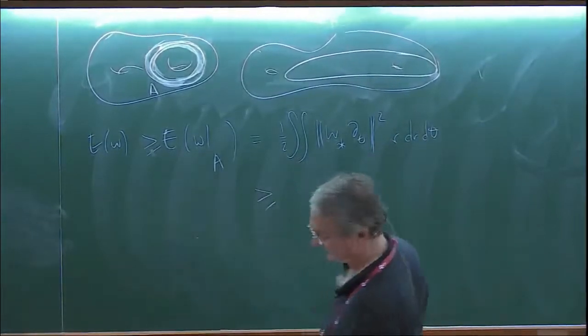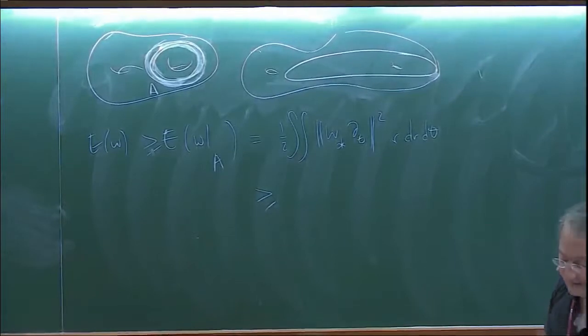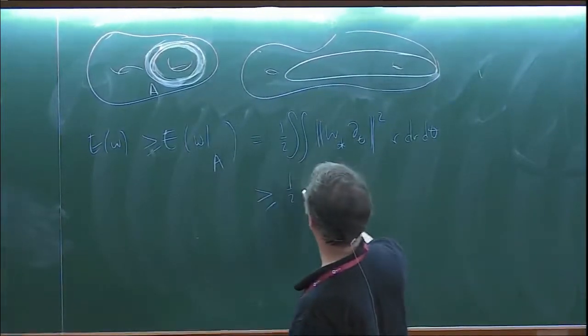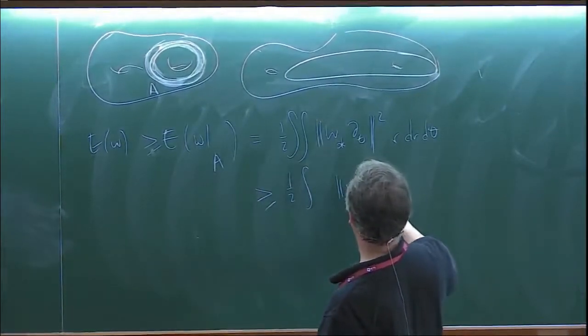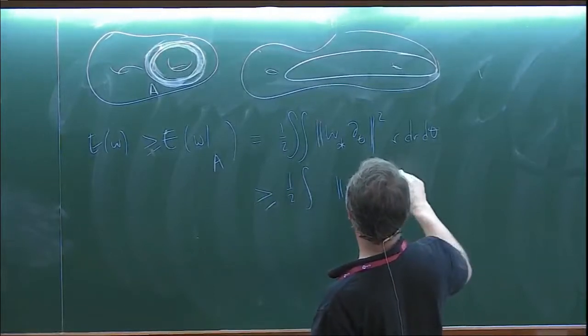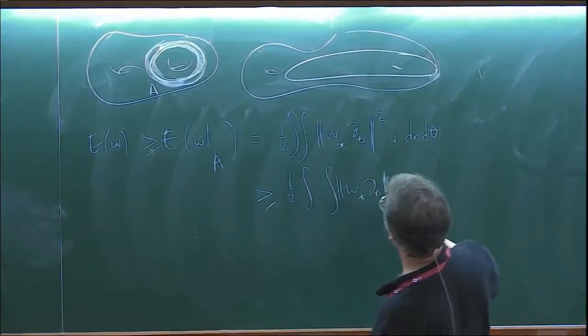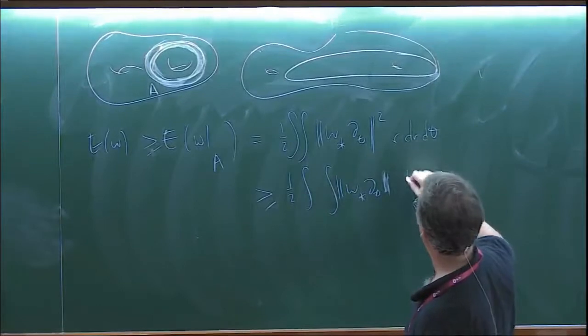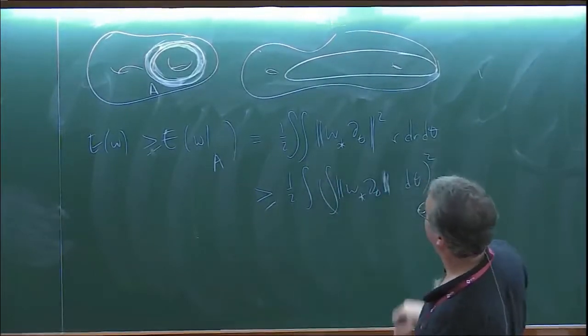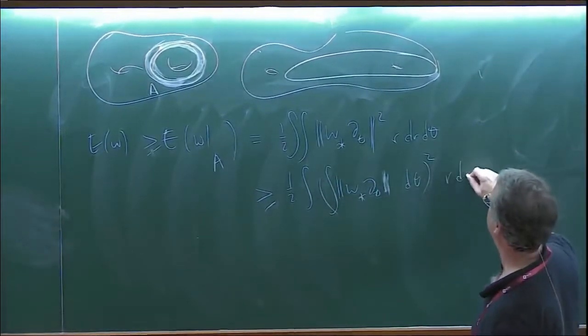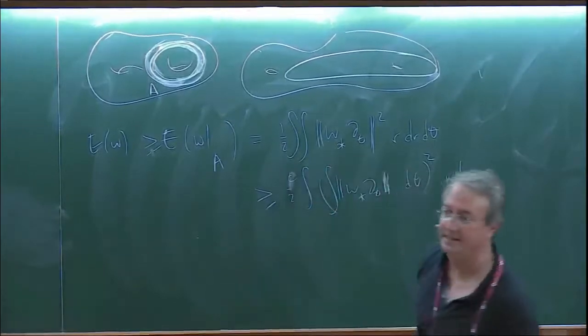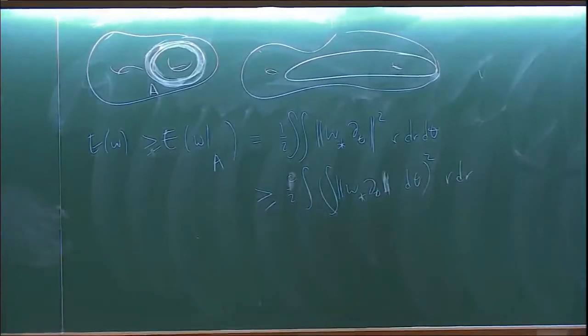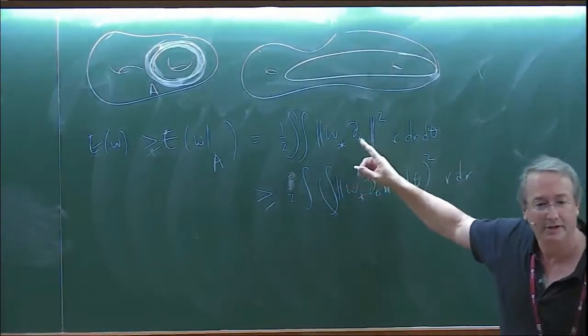And so, but that's going to be at least W star d theta, d theta squared. I'm sure I've now dropped a constant. I'll put it back in there. Okay. The length, this is Schwarz inequality.